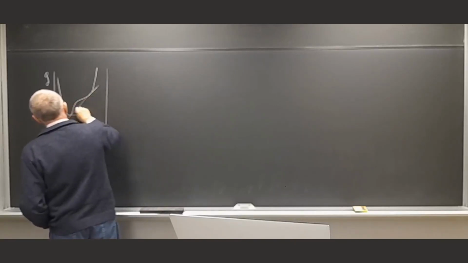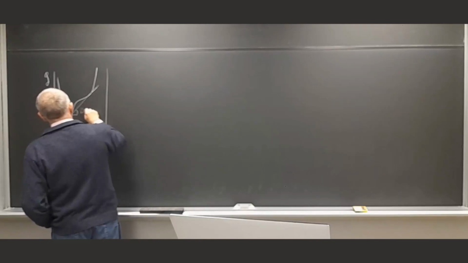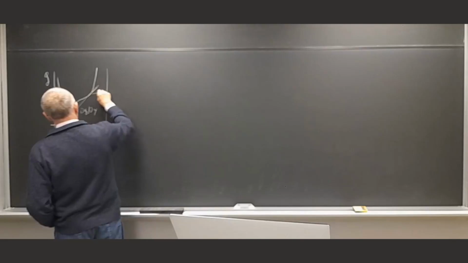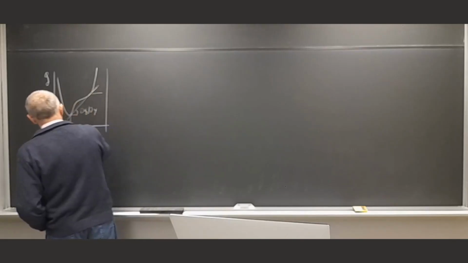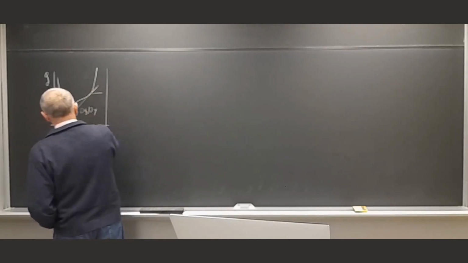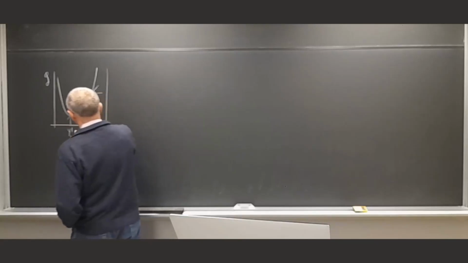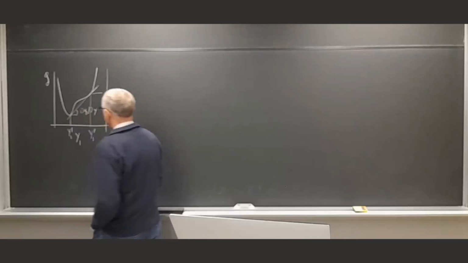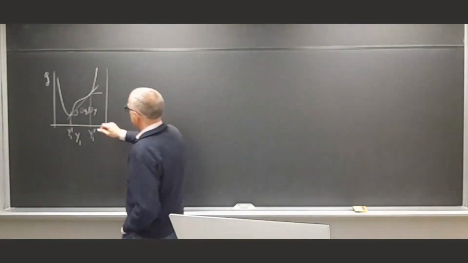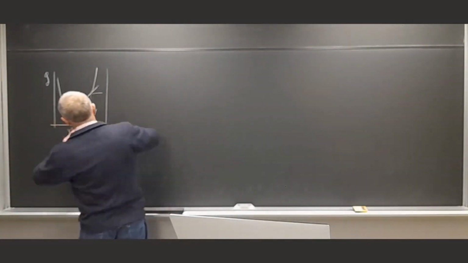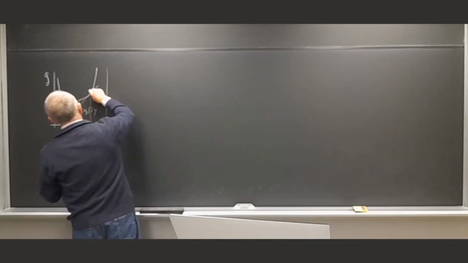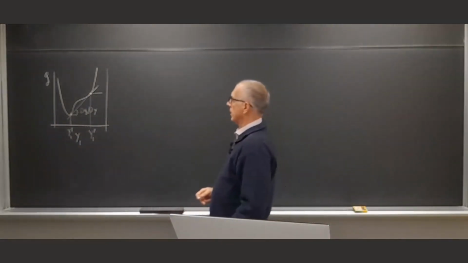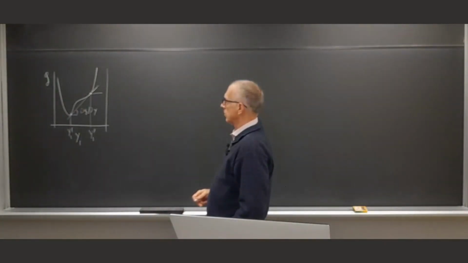So this slope is dg/dy, also there, but here it's evaluated at y prime, phase 1, and here it is evaluated at y double prime. So finding this tangent line identifies those two mole fractions that are in mutual equilibrium.